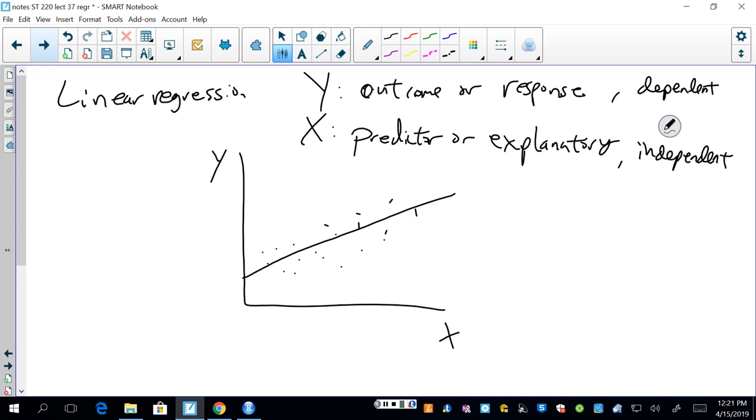Once you have a line, you can give me any value of x and tell me the predicted value on that line, and that maps over to some y value. So you can get predictions from that line. You can describe how close the line goes to all these points, so you can get some errors. But the question is, which line do we want to use?